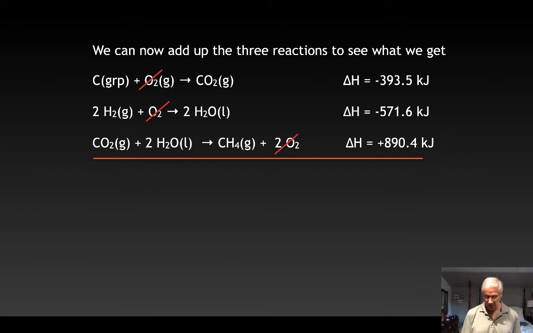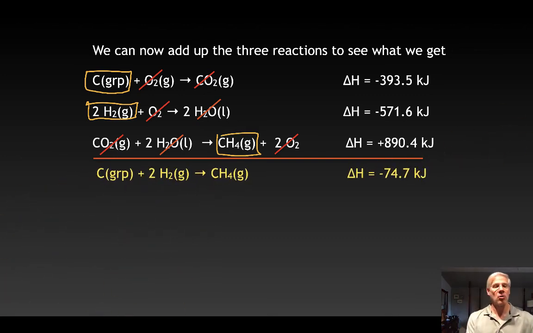The next thing I notice is that I have CO2 as a product here, CO2 as a reactant here, and so the CO2s cancel out. And the next thing I notice is that I've got 2 waters as a product here, 2 waters as a reactant here. The only thing I'm left with is carbon graphite and 2H2 gas on the reactant side, and on the product side, all I have is CH4.